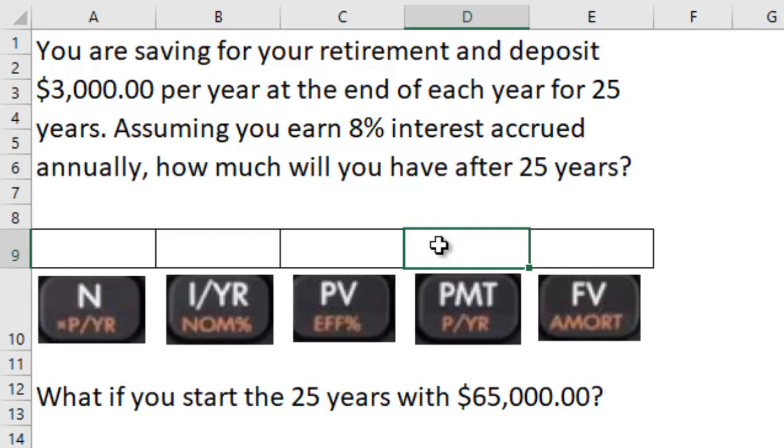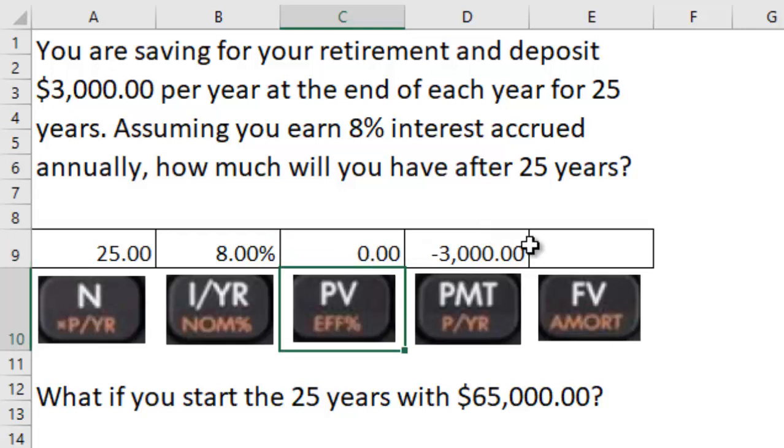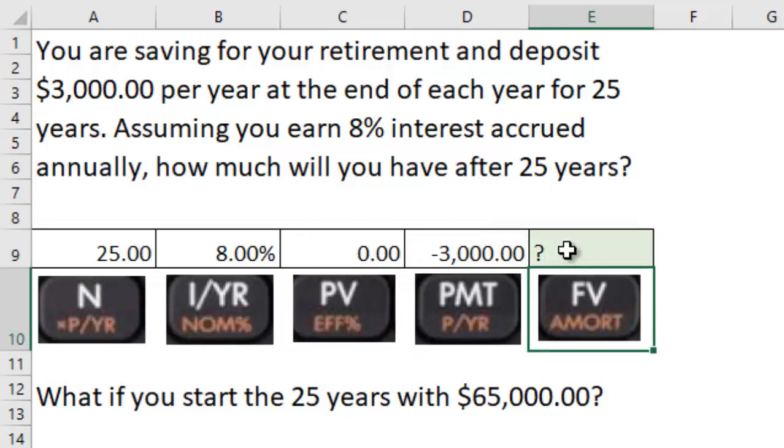We're paying, so it must be a negative 3,000. We know that it's 25 years. So N is 25. The interest accrued annually is 8%. Do we have a present value? No, it is 0. What are we looking for? The value after 25 years.